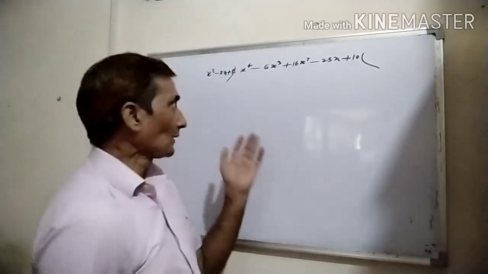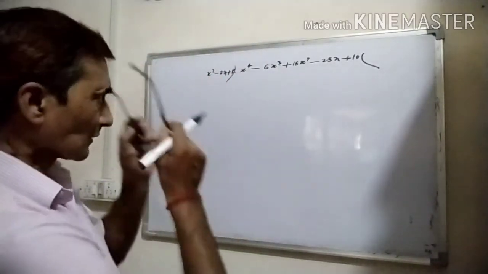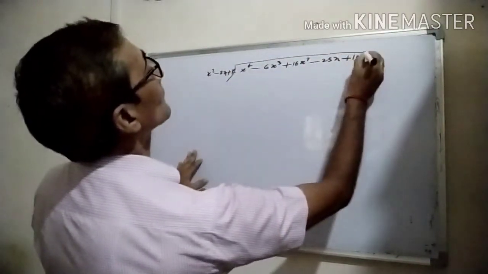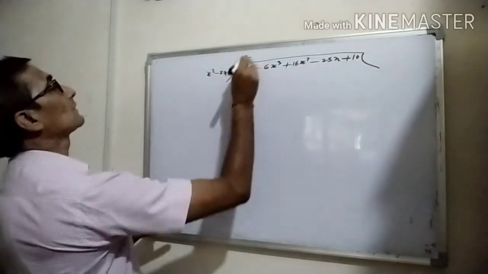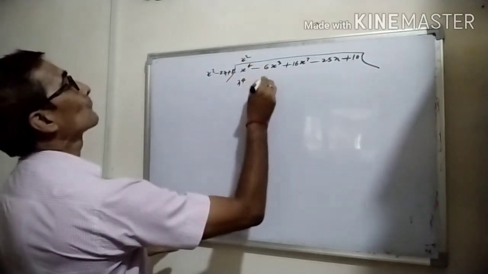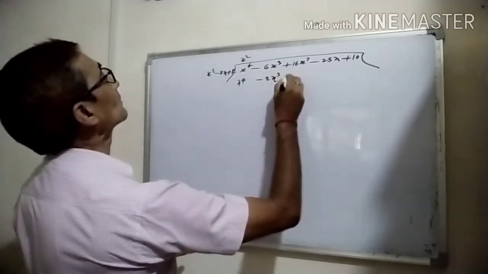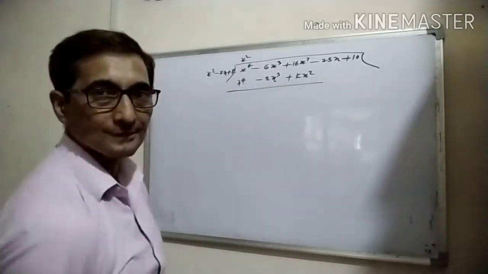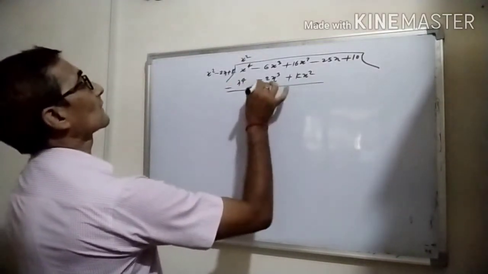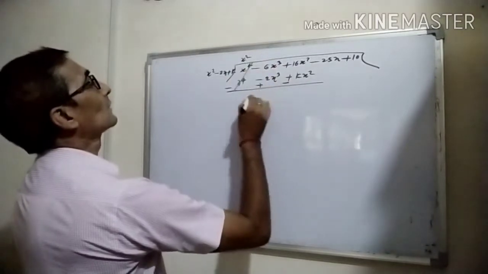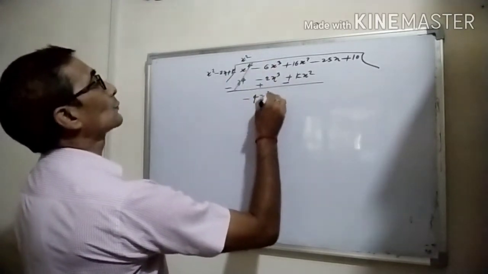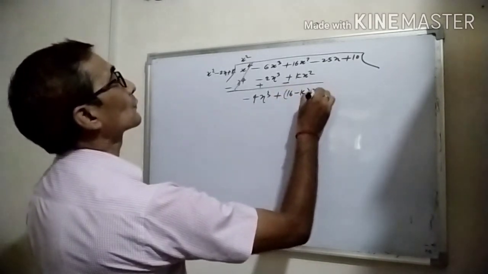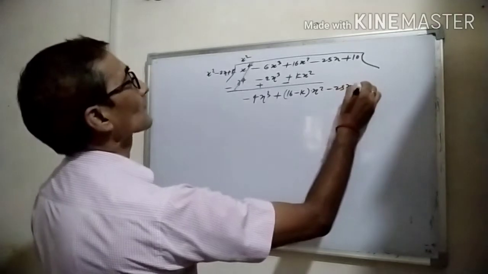So firstly we divide the given polynomial by this divisor. See here, first time x square, minus 2x cube plus kx square. After subtracting you will get minus 4x cube plus (16 minus k) into x square minus 25x plus 10.